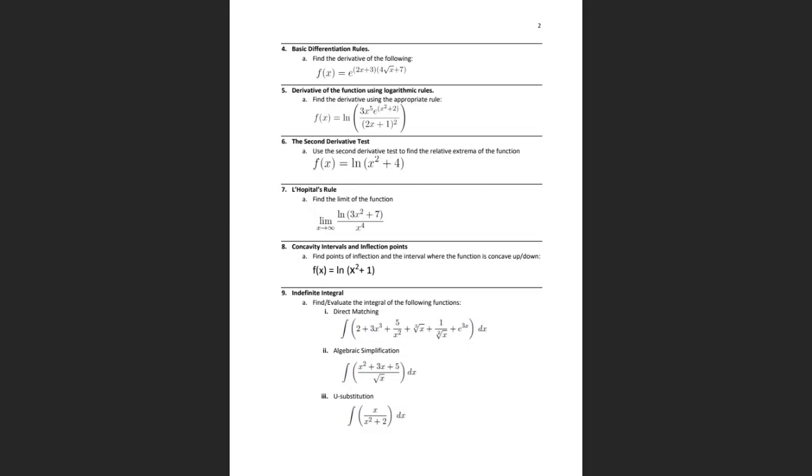And 5 is where you would use log rules to simplify it first and then solve it. So in 5 minutes, we'll check back and see what we got. Do we have any questions before we start? Alrighty, then 5 minutes on the clock to solve both 4 and 5.